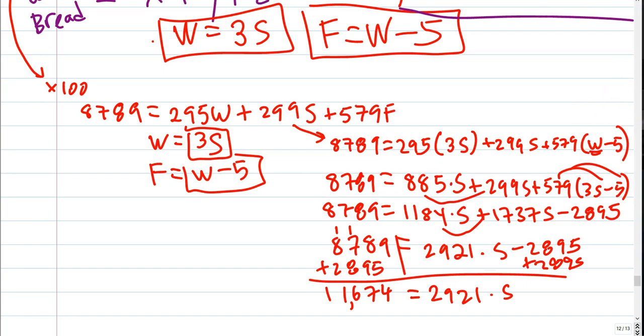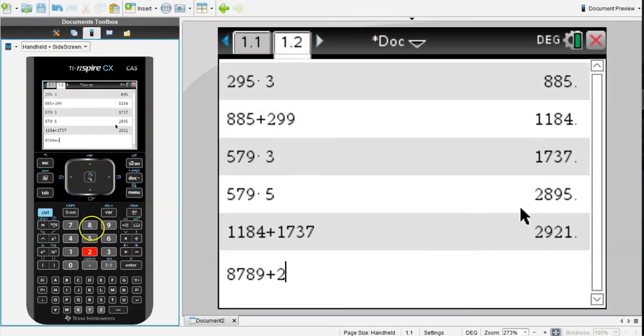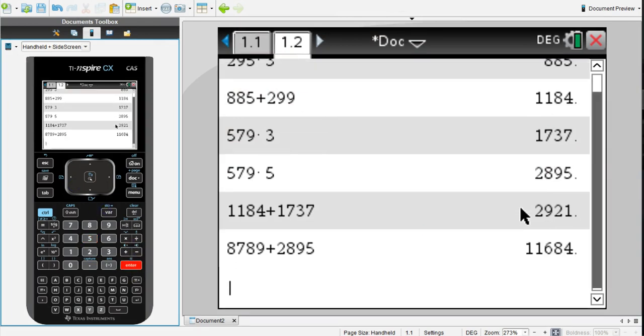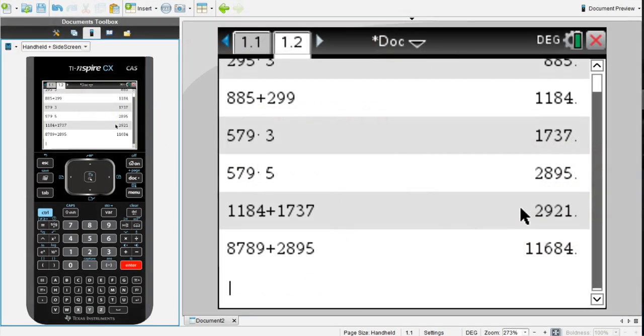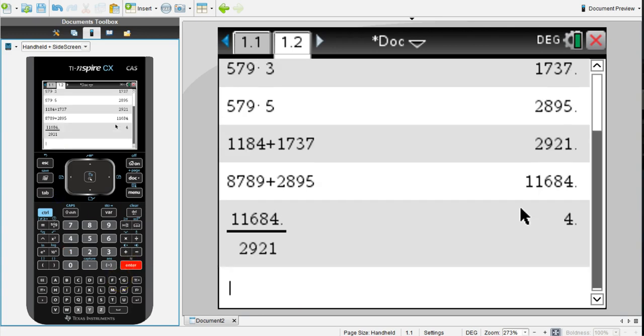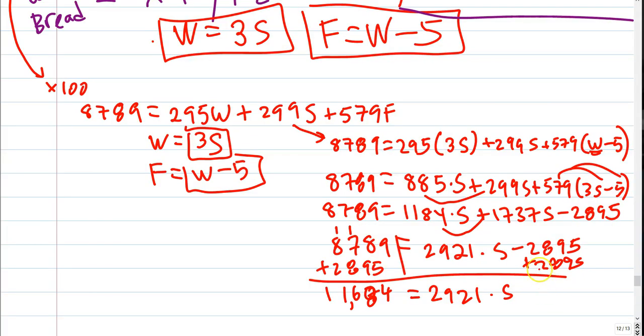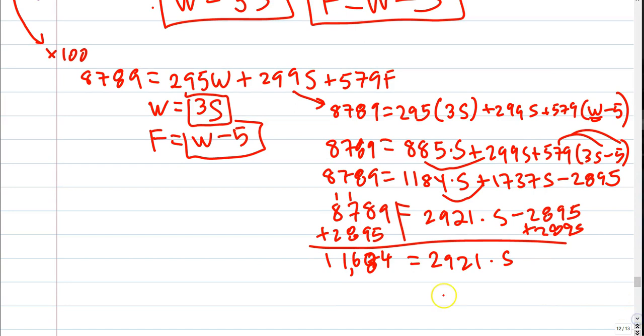Yep, 2895. That's 11,684. Oh man, someday I'll learn how to do math. Divide that by 2921. And we've got S is equal to 4. Thank goodness.